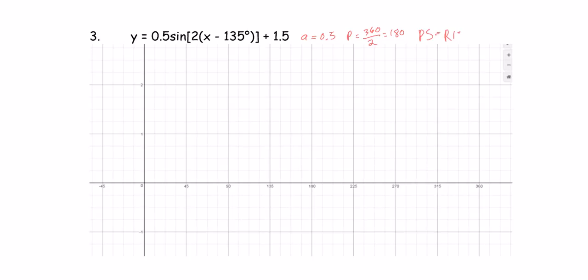And then our final value here represents our vertical shift. And our vertical shift in this case is up 2. No, up 1.5. So now, just like before, we're always going to write out our equations.